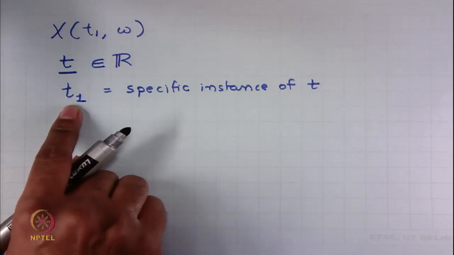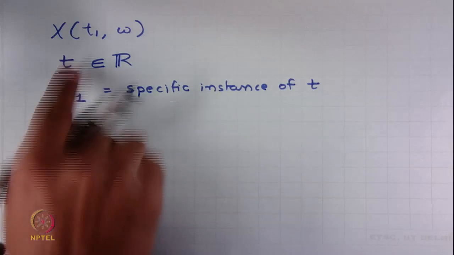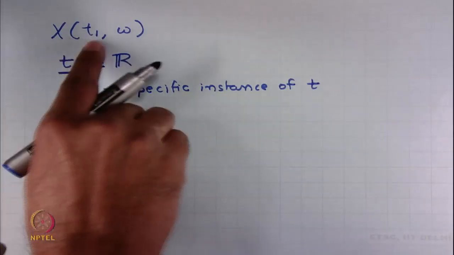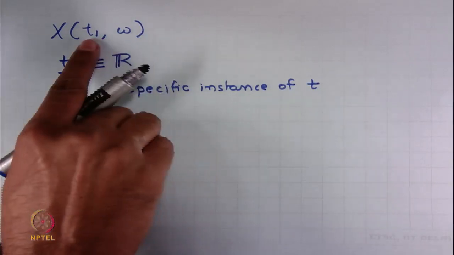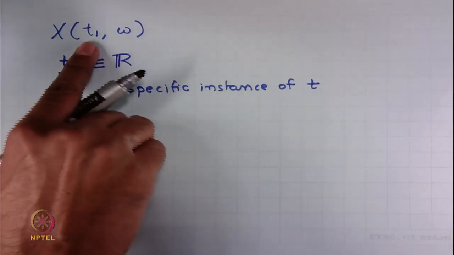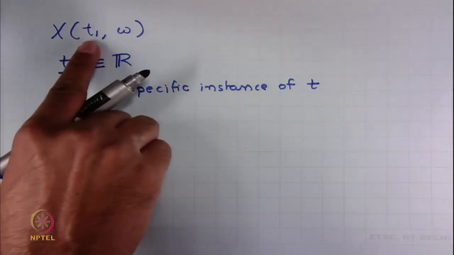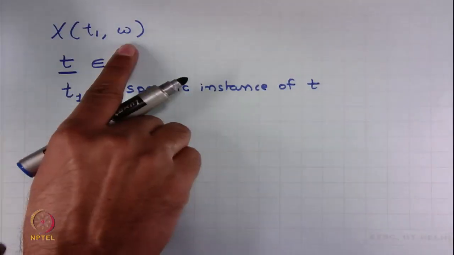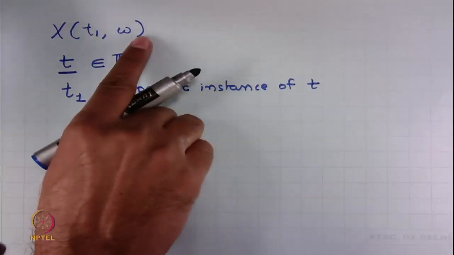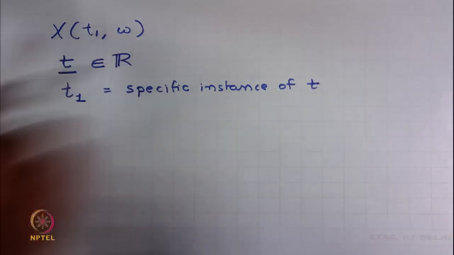So, t1 is a number, it is not a variable anymore. When I am writing x of t1, omega, that means I am interested in the random process at a specific time instance. This is not denoting a function of time, but we are asking what this random process is when we look at it at a specific time instance, t1.